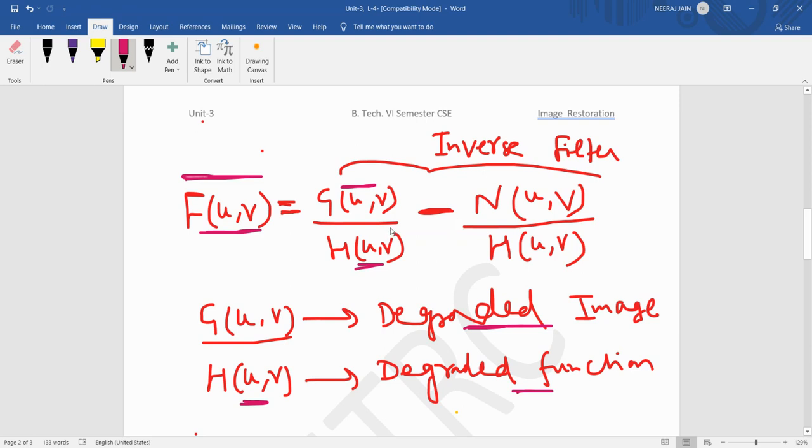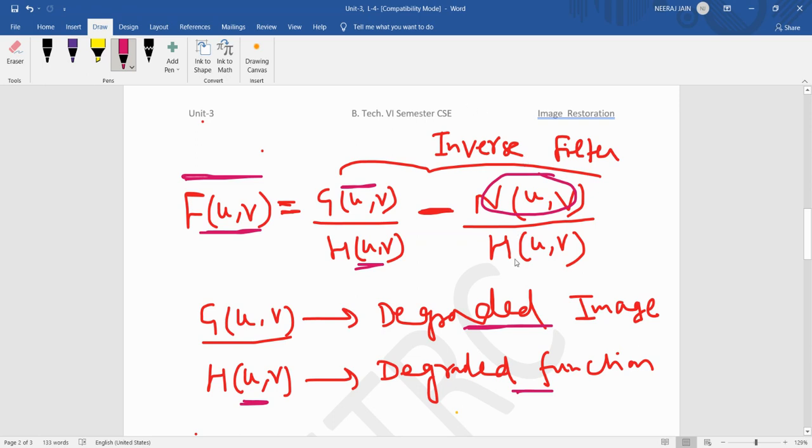Now if G(u,v) and H(u,v) are known, but N(u,v), that is the noise factor, we are not familiar with it because this noise is random in nature. And how can we remove it?